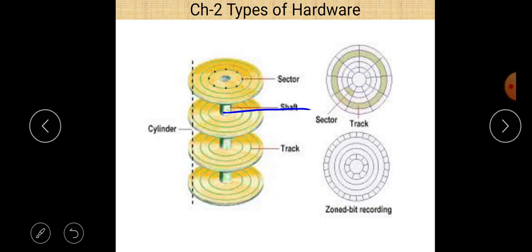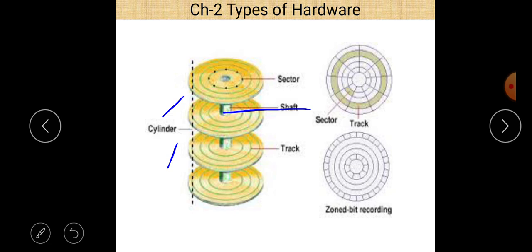into a hard disk. And next is a cylinder. You can easily see the cylinder: the track of one platter, track of second platter, track of third platter, and track of fourth platter. If we connect all these tracks, then we get a cylinder.